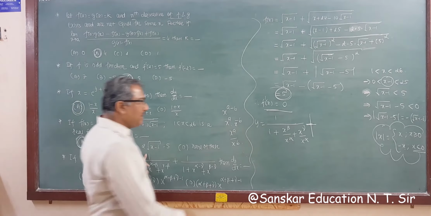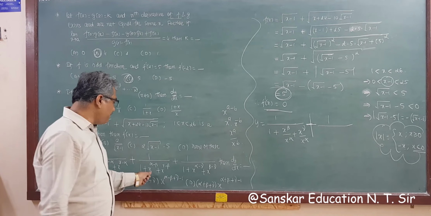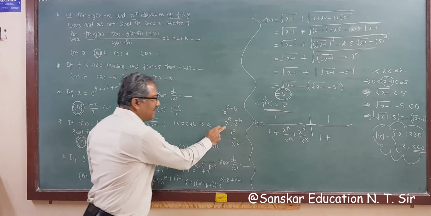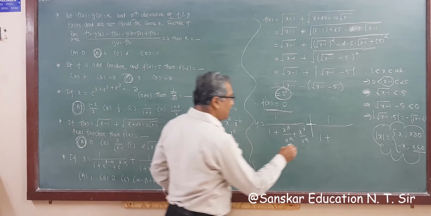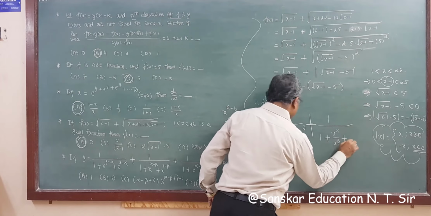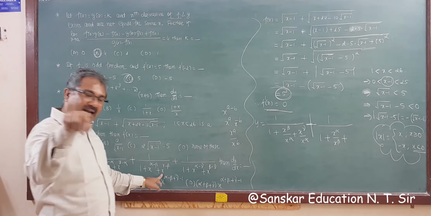This is 1 upon 1 plus. Similarly, applying this rule, what do we get? x raised to alpha upon x raised to beta. So this is x raised to alpha upon x raised to beta plus x raised to gamma upon x raised to beta.